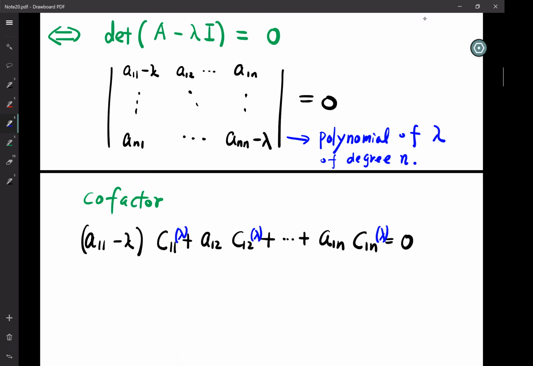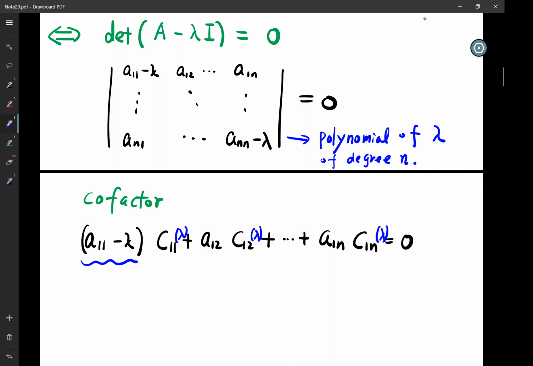This first factor is lambda, the first power of lambda. I cross out this row and column, and C11 of lambda has exactly the same structure, but with one row and one column less. So I can do induction, if you remember the inductive definition of determinant.